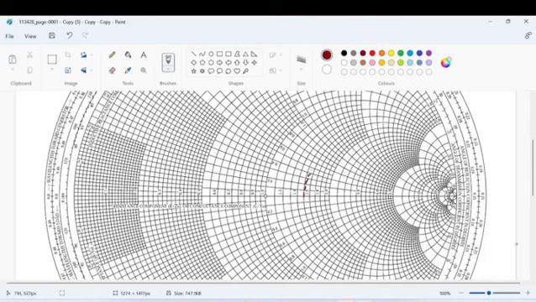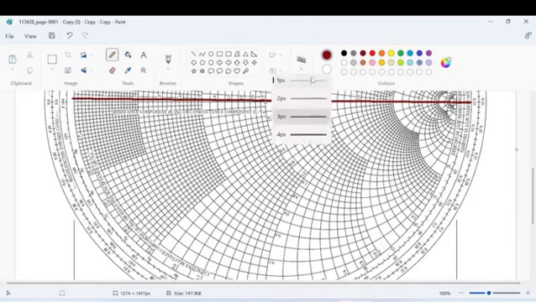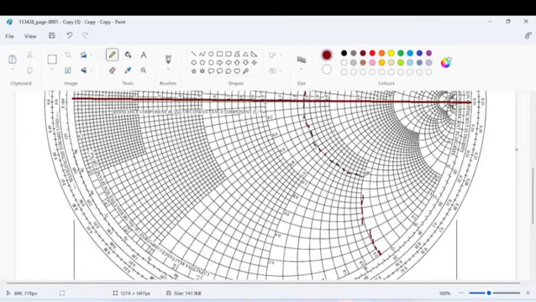So 1.5 minus j2 is somewhere around here. This is small zr, the 1.5 minus j2 value.